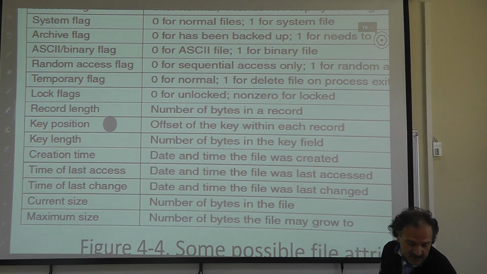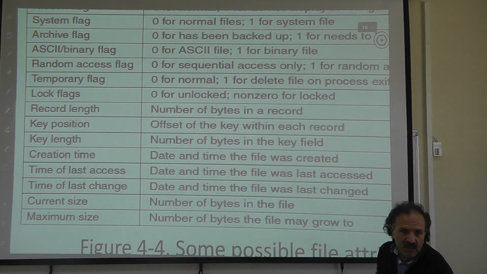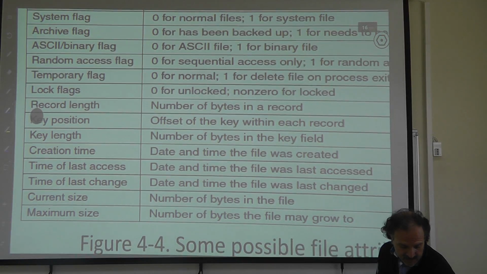The key position, the offset of the key within each record. Remember the tree-based file structure? In the tree-based file structure, for each record you have your key, and you need to specify where that key is within the record. So this is the key position.